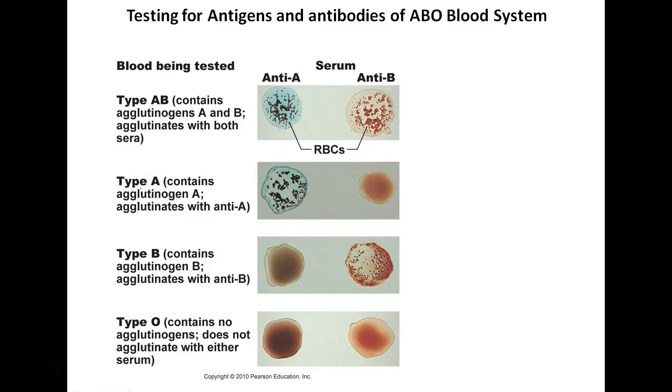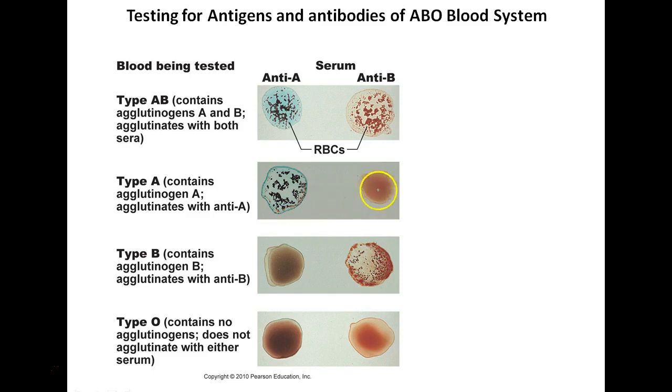But let's say we put this unknown blood type into well number 1, and we also put that same blood into well number 2. In well number 1, we're dropping antibodies A into there. And we see that because the antibodies are agglutinating with antigen A, that means yes, there is the presence of antigen A on the red blood cell surface.